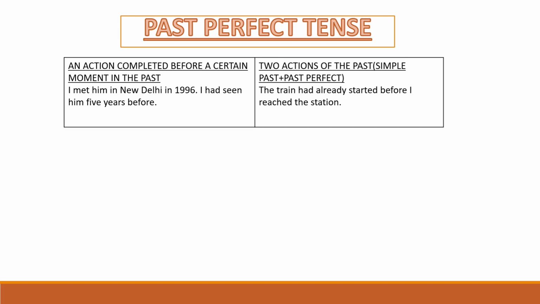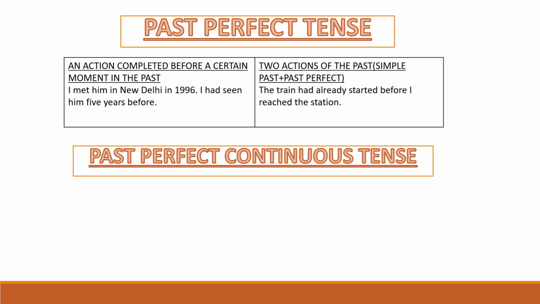I had seen him 5 years before. Now, which action completed before a certain moment in the past? Sorry, I met him in New Delhi 1996. I had seen him 5 years before. So this part, I had seen him 5 years before. This is past perfect tense.